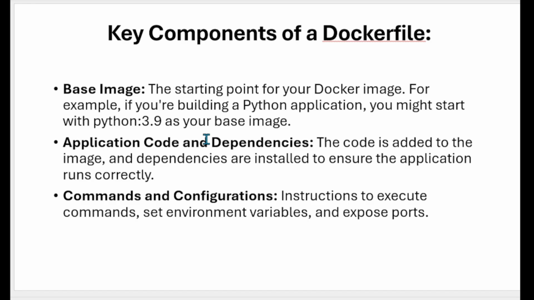If dependencies are not installed, an application which is running on Windows cannot be run on Linux. Or if you are trying to run a Mac project, it cannot run on Windows, because the configurations and the dependencies have to change. So for that purpose, we install the dependencies and ensure that the application runs correctly on the OS.